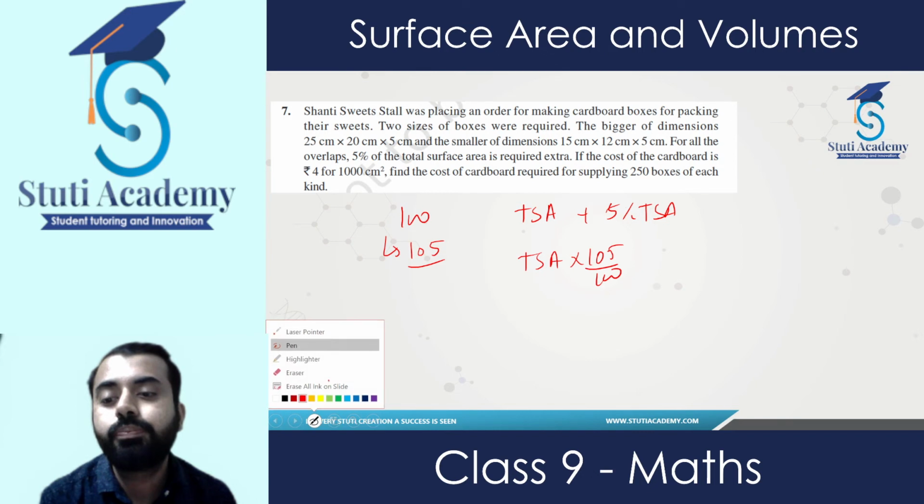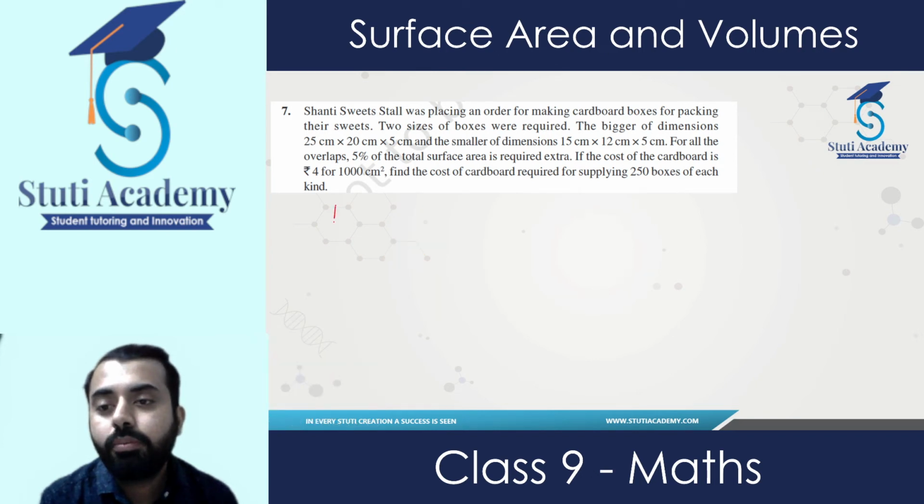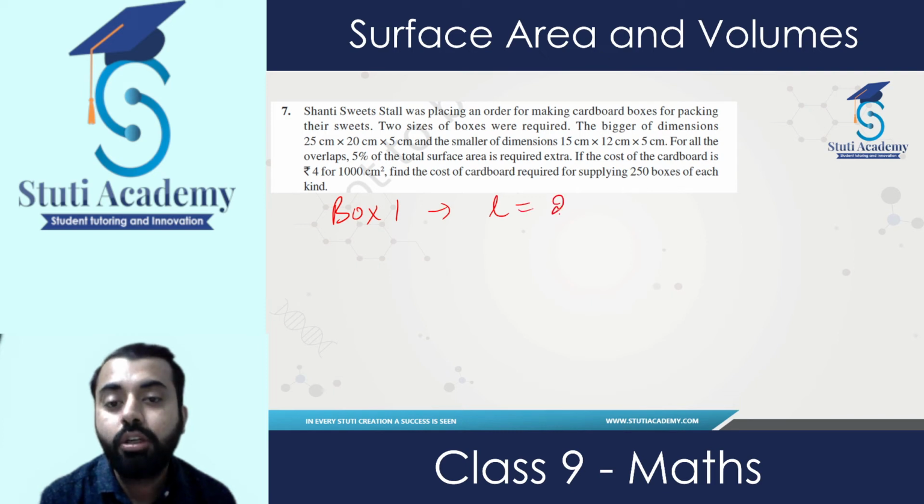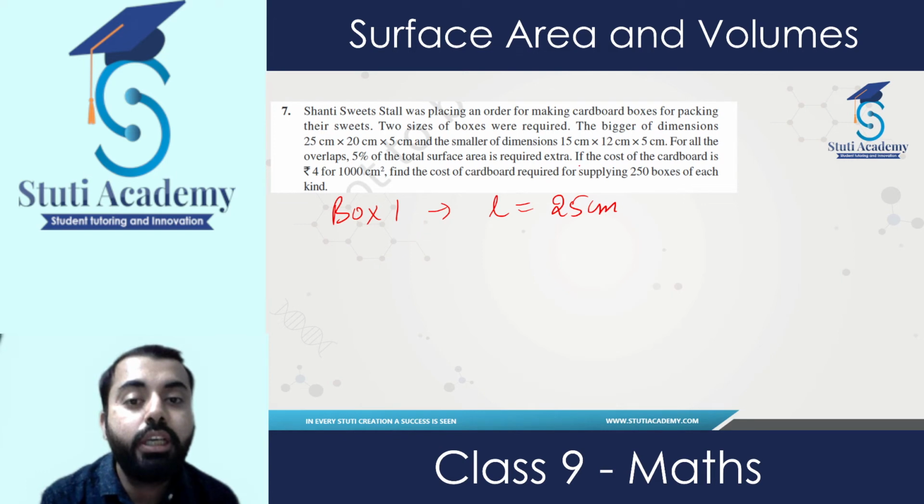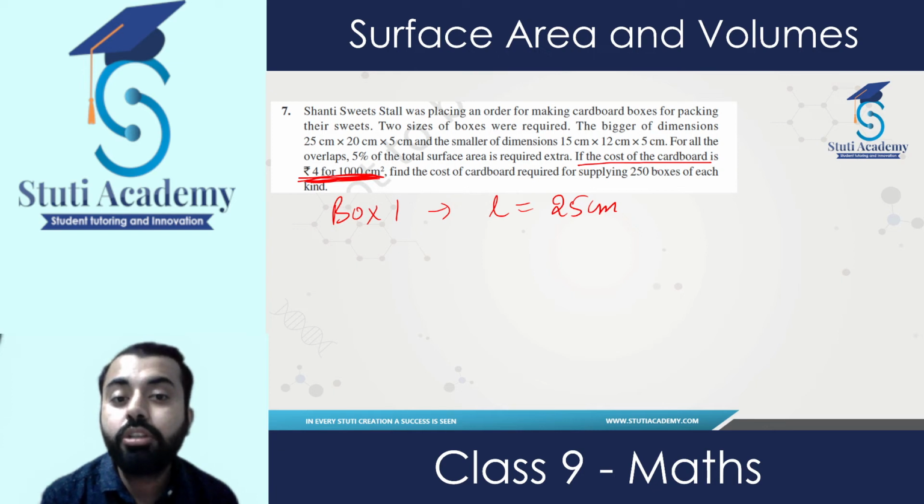How we are going to do it? I know my box one. Its dimensions are what? Length is 5 centimeter. I haven't read the entire question. It says the cost of cardboard is 4 per 1000 centimeters square, and the boxes of each kind I require are 500. That means I have to calculate the total cost of 500 boxes of each type.